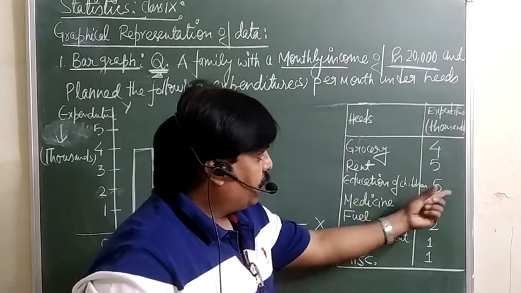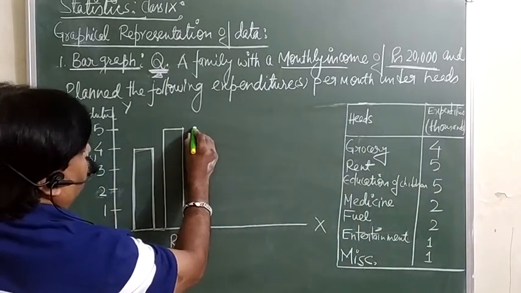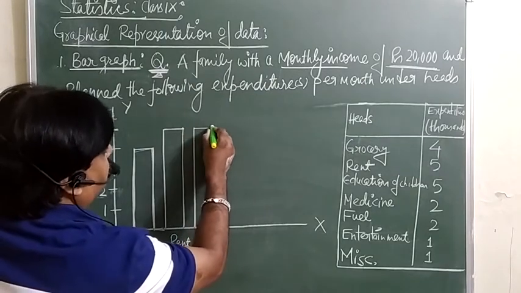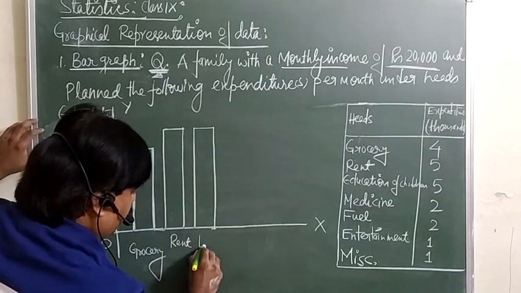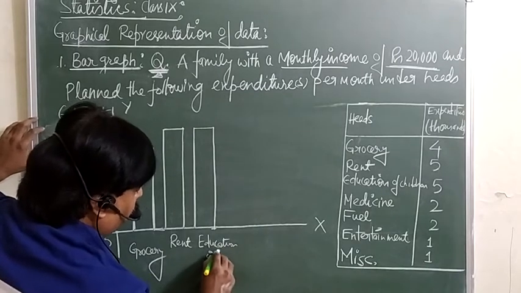On education, we are going to spend 5,000. So again, here, this bar is going to represent the education. So this is your education of children.